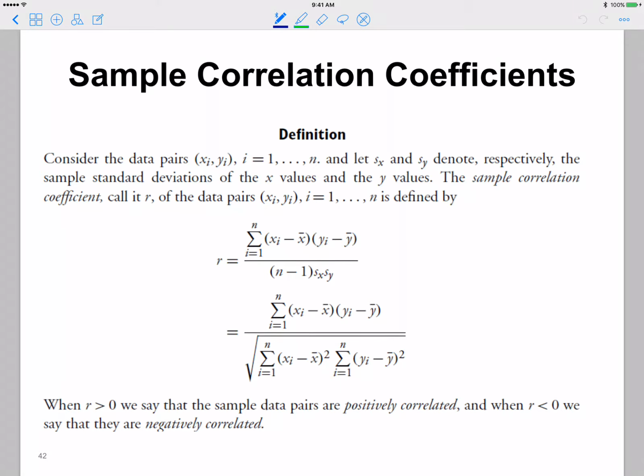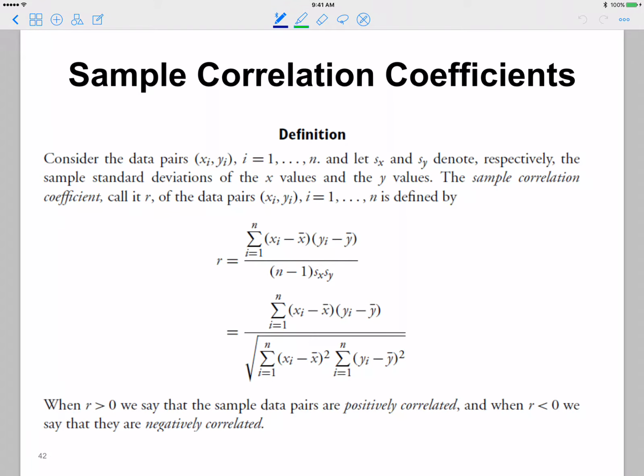And if the other variable also increases with respect to its own mean value, we call this situation increasing together, and thus we say it is a positive correlation, which means they have relations between each other.